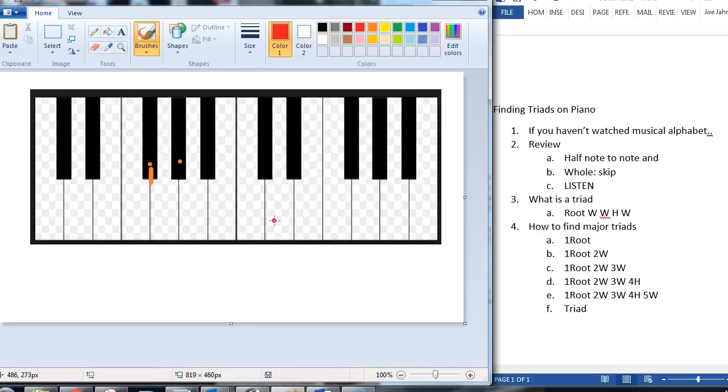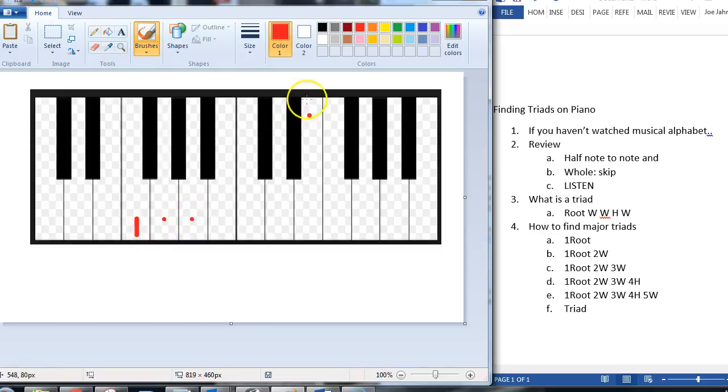Alright, moving on. Here's how you actually play the triads. This is the process I recommend. Find your root, here's your 1, then go a whole step to 2, and play it and say 1, 2, 1, 2, using your first finger and your second finger. Then go to 3: 1, 2, 3, 1, 2, 3.